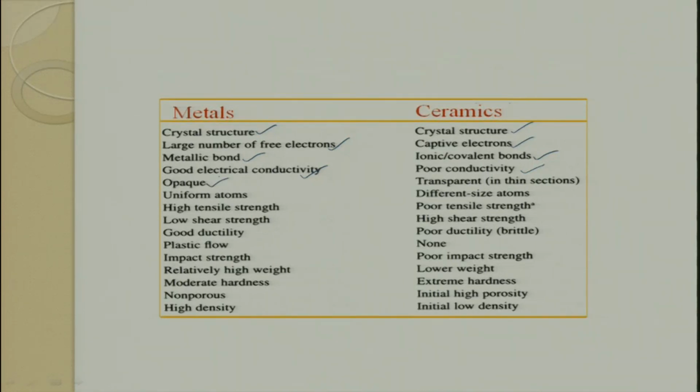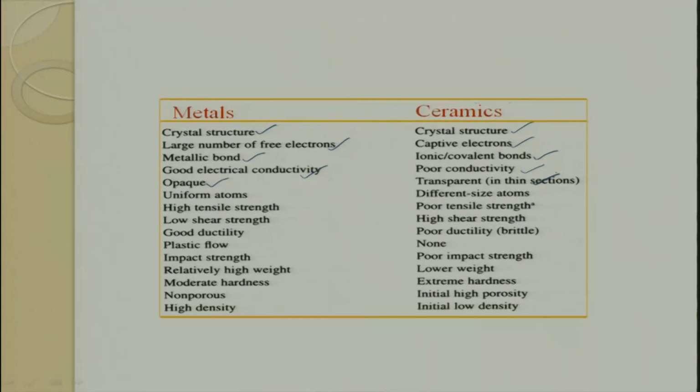The majority of the metals are crystalline or polycrystalline in structure, so they are opaque, and here you have amorphous material also in ceramics, so that is why it is transparent. And of course, you have crystalline, semi-crystalline and amorphous ceramics, all three. So, amorphous ones are transparent.